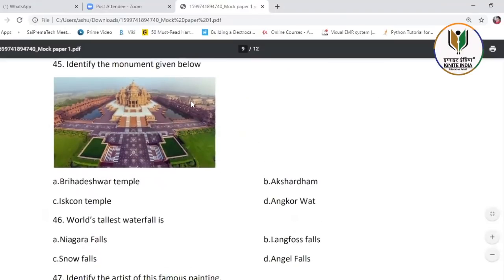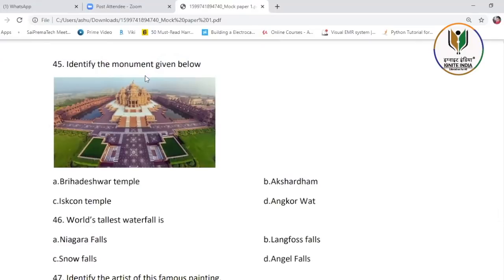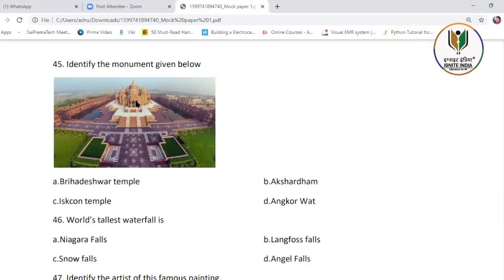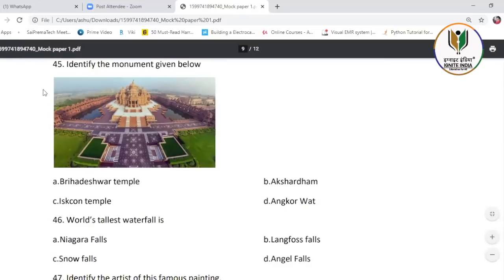So in architecture aptitude questions, you will have to be careful about monuments of India, especially the famous ones, temples, mosques, or any monuments. You have to know how it looks so that you can identify it.